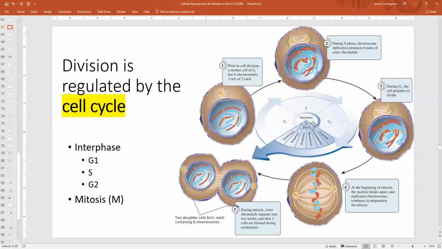So we'll go back here. What I want to mention is G1 and G2, the G in those stands for growth. So what's happening in G1 and G2 is the cell is getting larger. During G1, the reason a cell is getting larger is that G1 takes place right after mitosis.